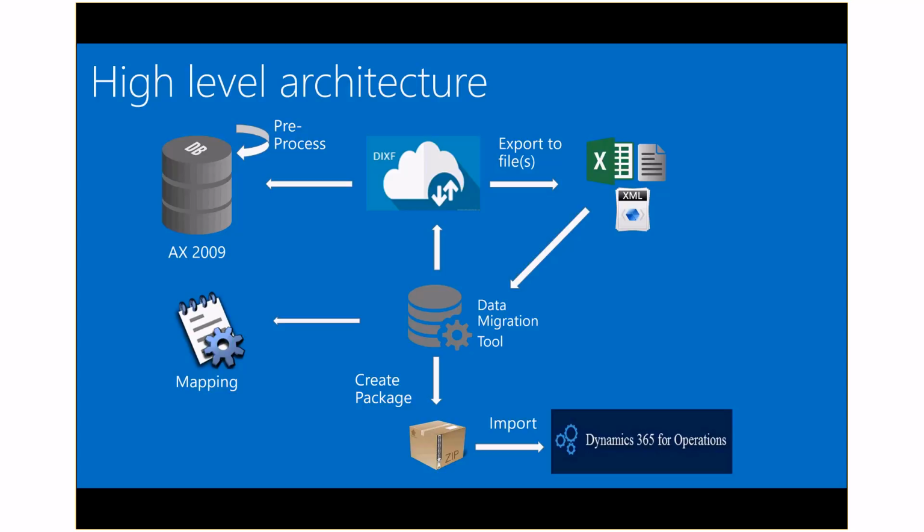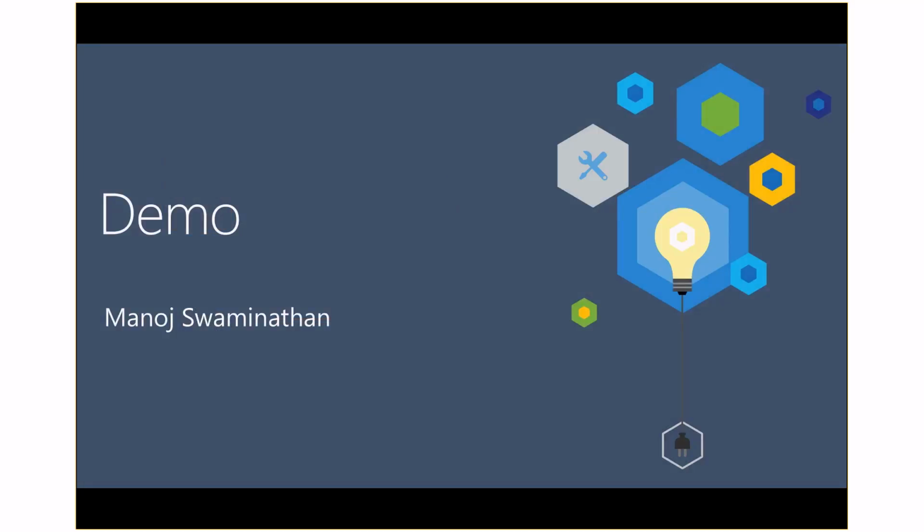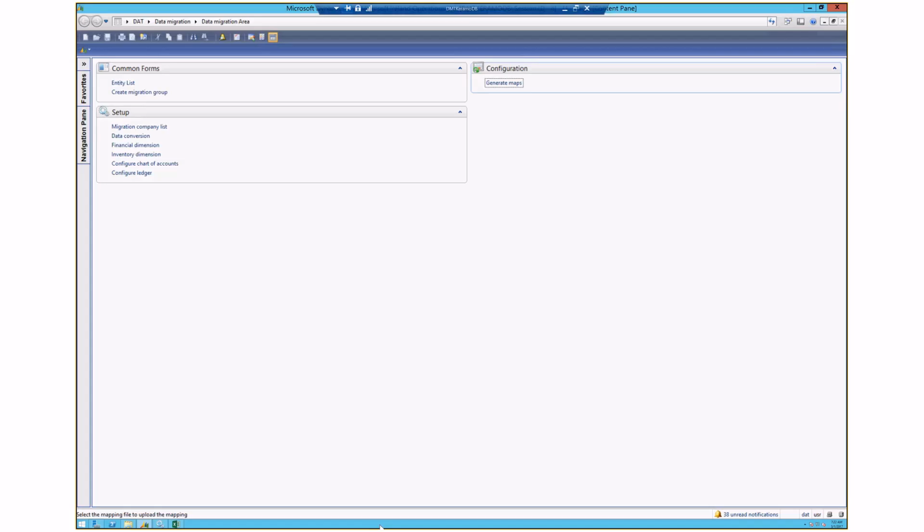No, Manoj. Okay. So what I wanted to do now is to transition from the PowerPoint to actually do a demo. So I'll do a screen shift. So what I'm showing you right now is, so I have an AX 2009 instance. What we have done as part of the tool is, the tool, as I've mentioned, provides two sets of aspects.